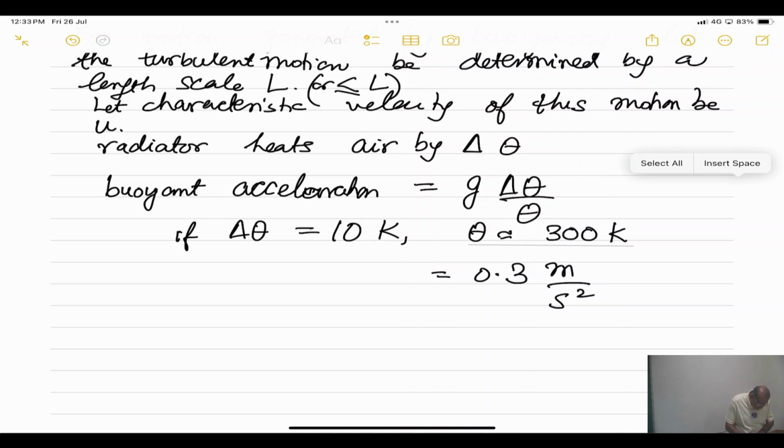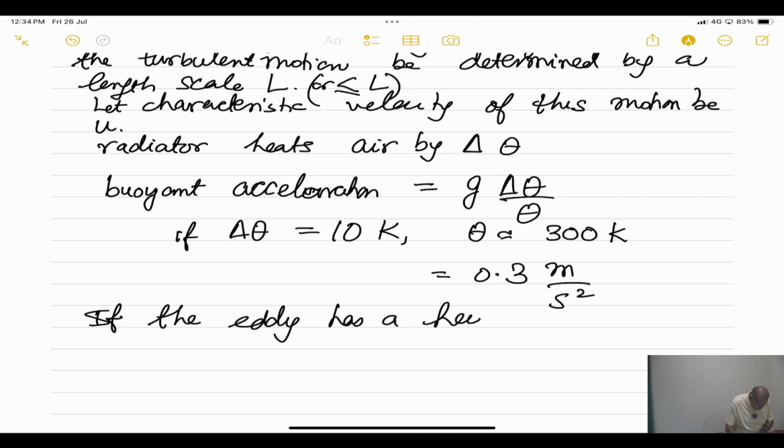Now suppose this eddy has a height of something like 0.1 meter. What happens is, if there is no motion in the room, then eventually this delta theta dies down, and we feel the effect of delta theta only in a small range. After that you don't feel it.